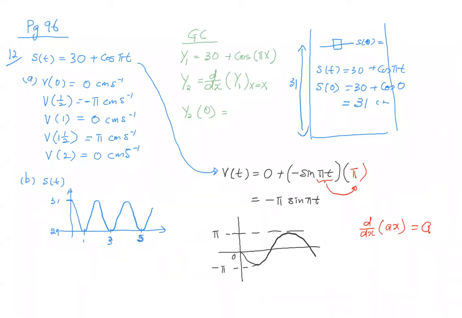Now, so when is it falling? After the maximum and minimum point. So look, 0 to 1, right?